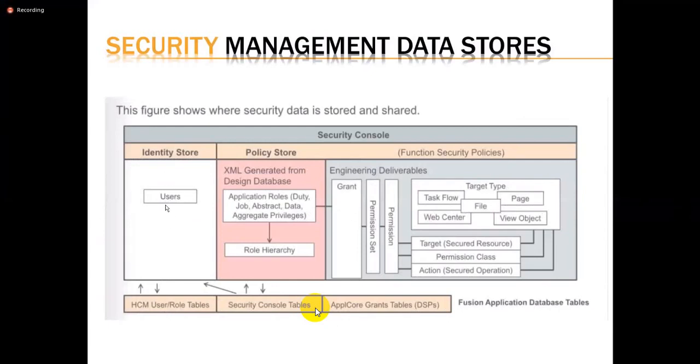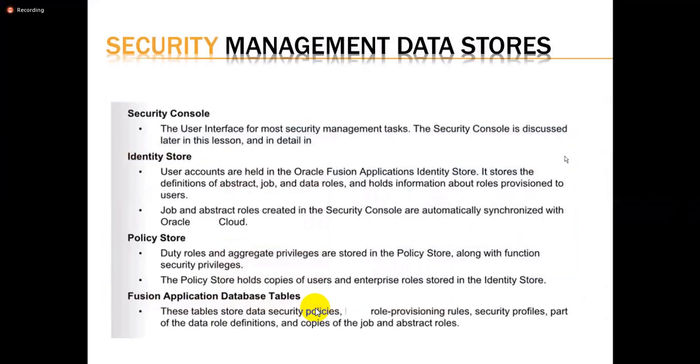Job roles and data roles will exist in this identity store. Okay, so the job roles, data roles, and abstract roles that are provisioned to the users will be stored in the identity store. And the remaining roles like duty roles and aggregate privileges won't be available in the identity store.